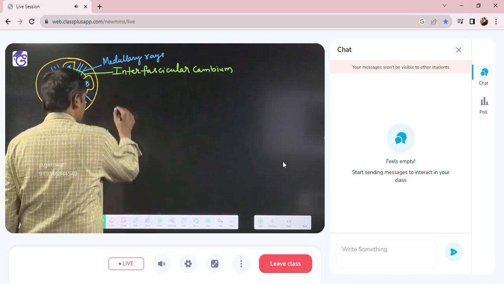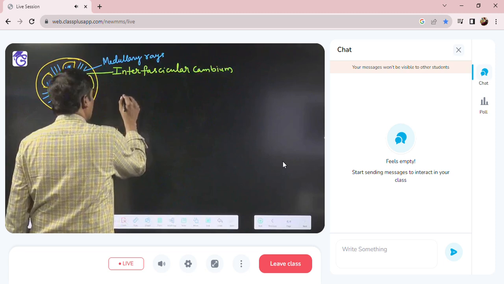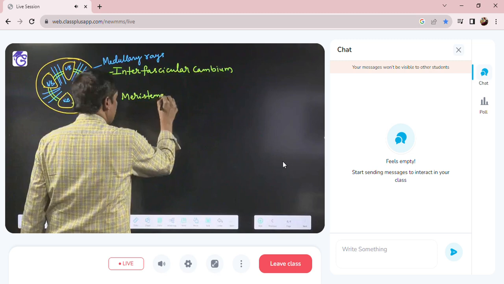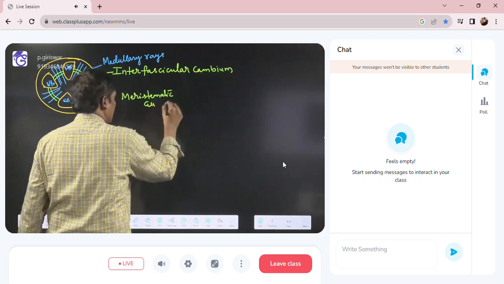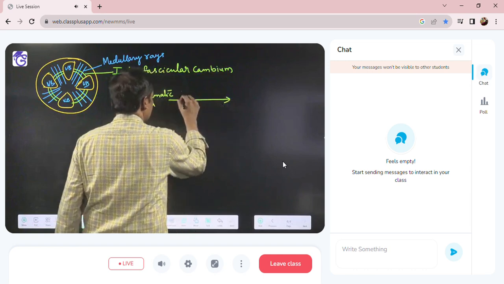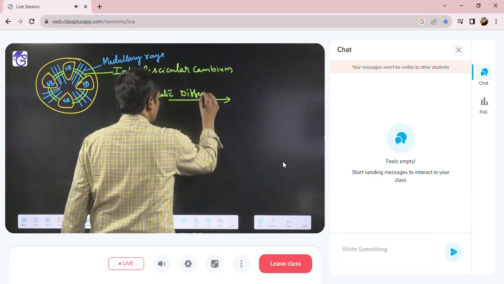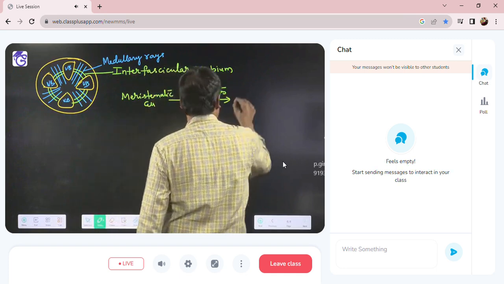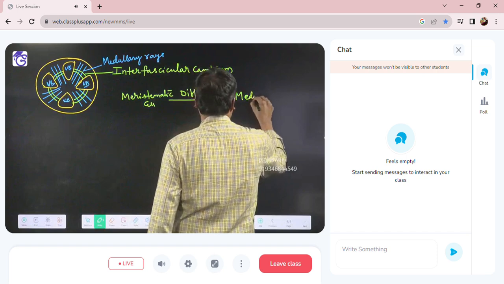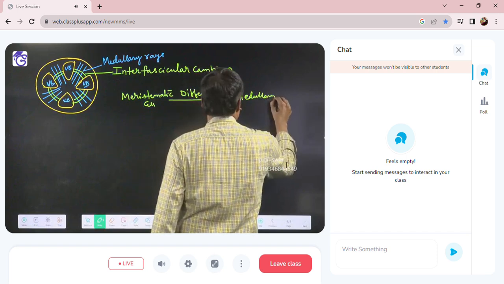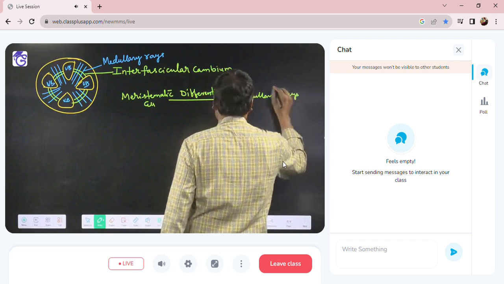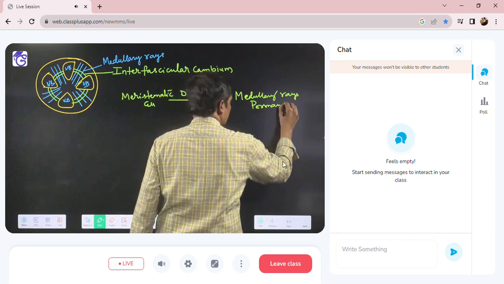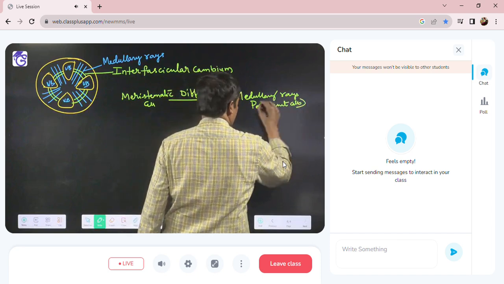Understand? So I will write here. Meristematic cells undergo differentiation and form medullary rays. So this is a permanent tissue, these are permanent cells.